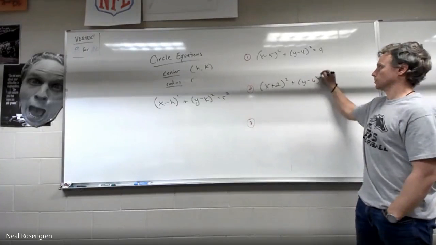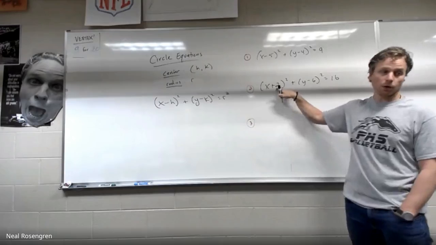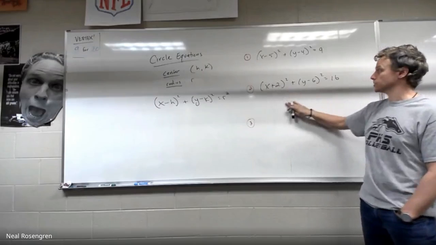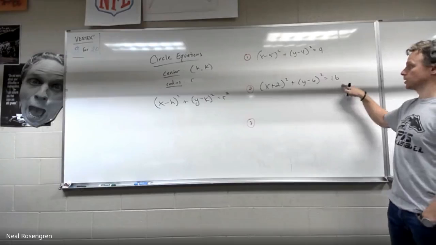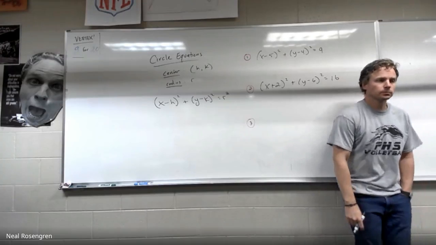Good. All right, had to change the sign, right? It was -2 as the center, so I had to do x plus 2. Always a plus in between, don't forget it. Good, and then (y minus 6) squared, and that's equal to 16.